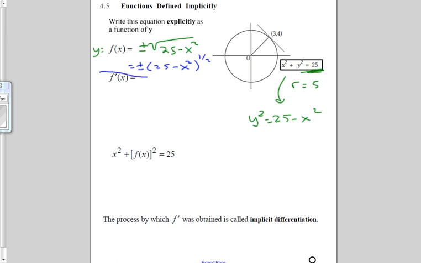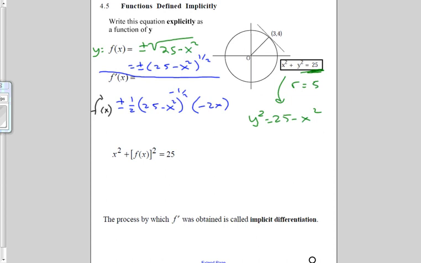So the derivative is going to equal plus or minus, using the chain rule, 1/2 times 25 minus x squared to the negative 1/2 times, now the derivative of the inside, negative 2x. And that's what my derivative function equals.